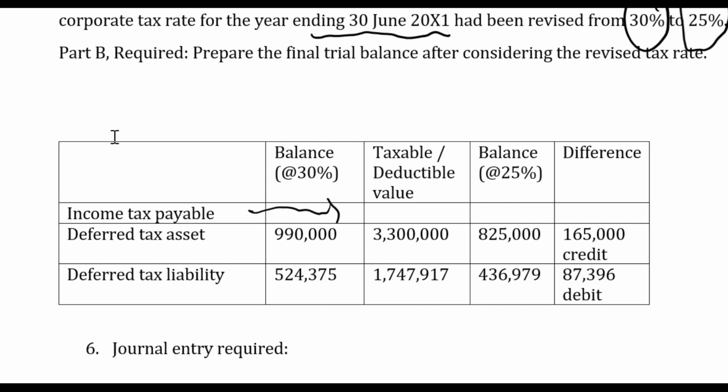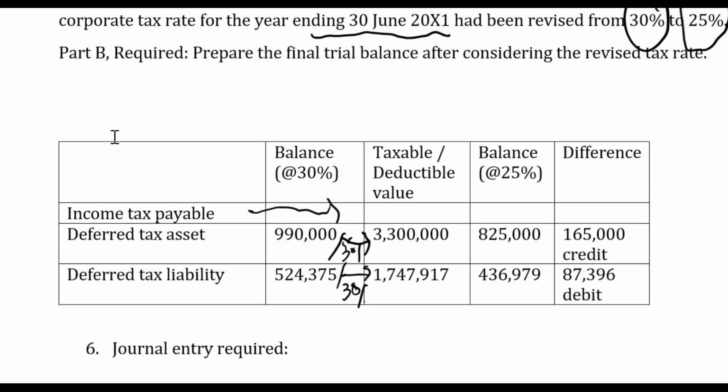Now they are stated at the 30% tax rate. So we now gross it up to find the taxable balances and the deductible balances. So we divide this by 30%, which is the tax rate that was applied to bring it to the asset and liability balances.